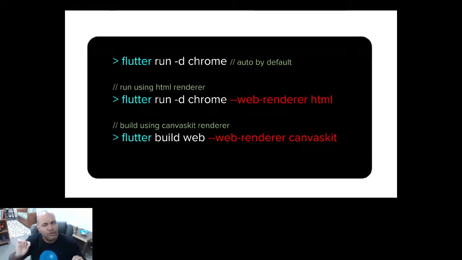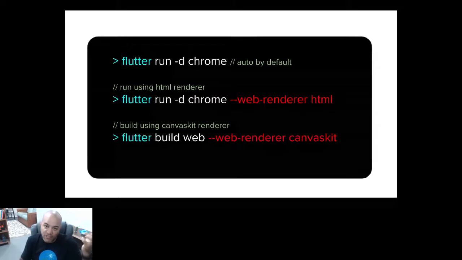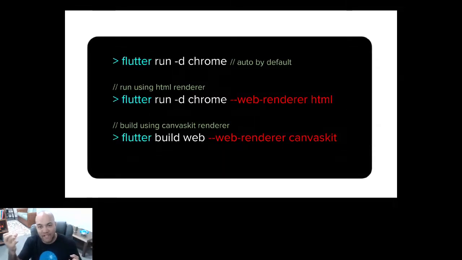Your users may take a little longer to download the app, but at the end they're going to get an amazing experience. But if you want them to get something quick, and you don't care that much about animations, you use the HTML web renderer. So you choose HTML or the CanvasKit web renderer.